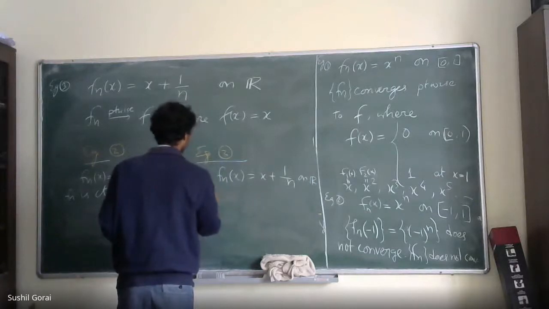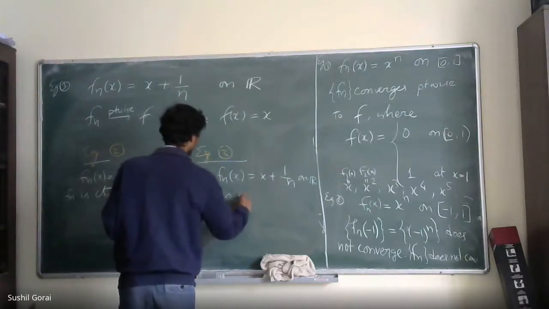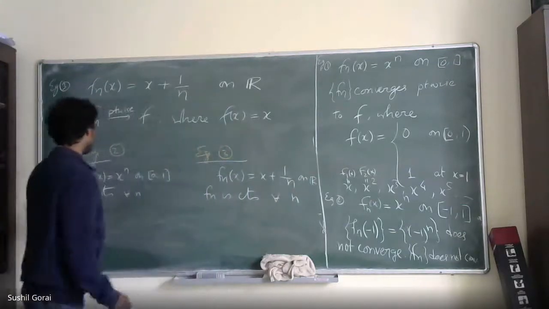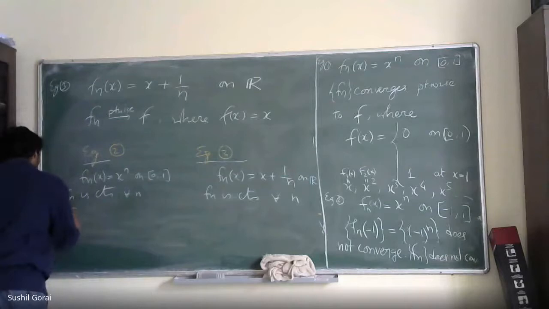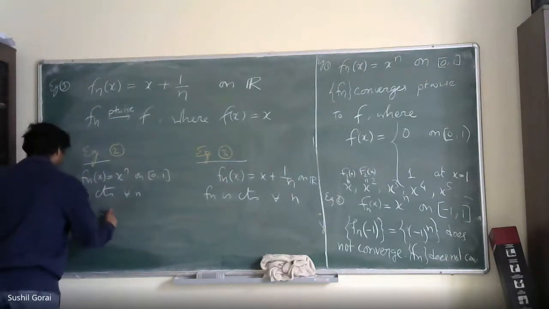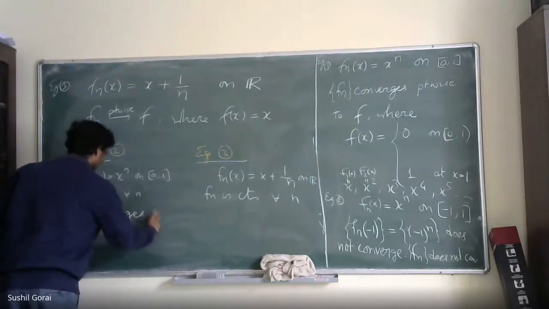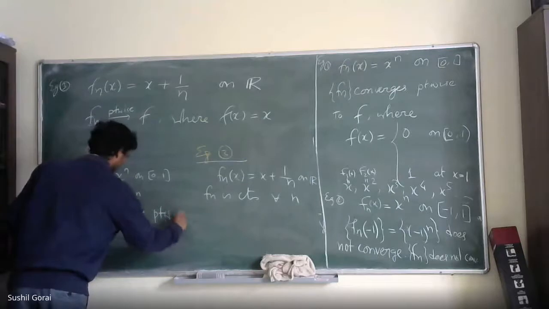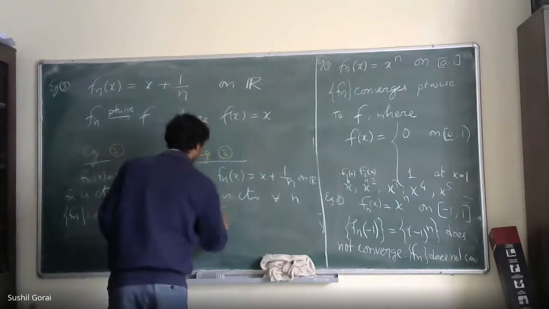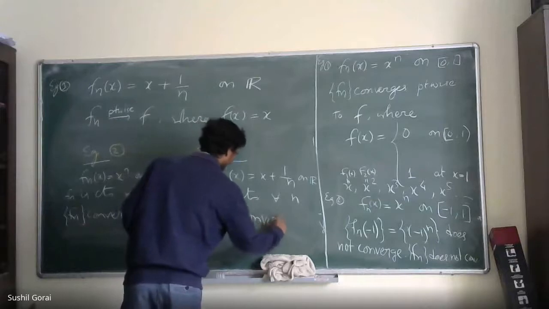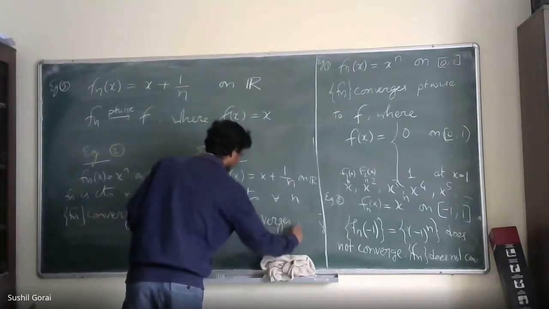So here also fn is continuous for all n. Now this fn converges pointwise. This fn here also converges pointwise.